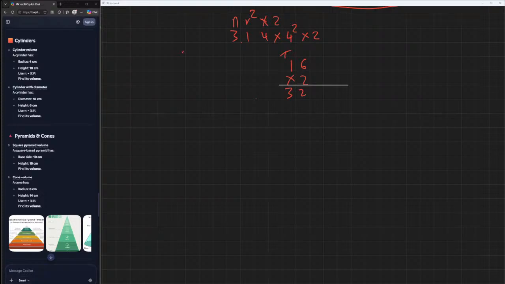Yeah, I did these two together. So this one is this one. And then we have 3.14 times 32. 4 times 2 is 8, 2, 6, 12, 3, 4, 3, 3, 9, right?